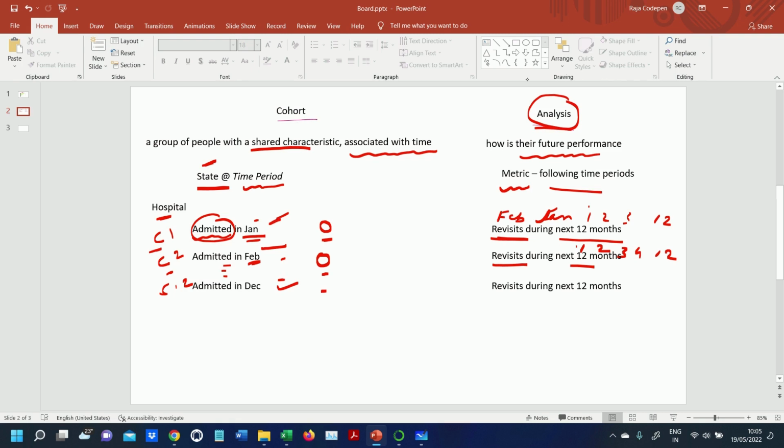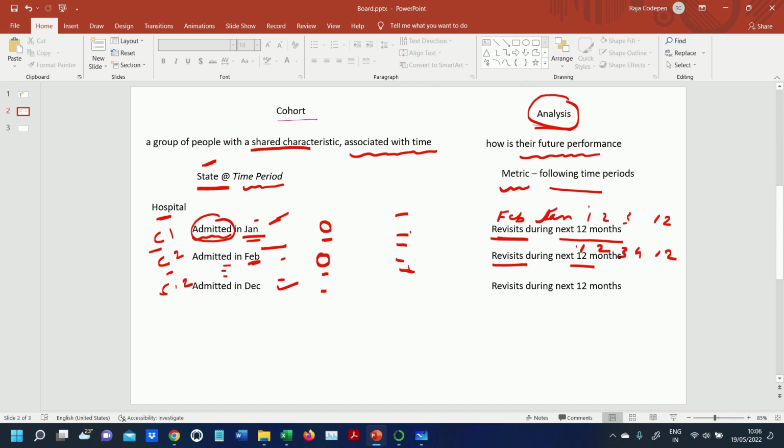For a different analysis, you can change the state, and then that becomes a different cohort analysis. For a specific type of cohort that you have selected, you can have any number of measurements. Not only revisits, it could be how much time they are spending, how much money they are spending, or how many referrals they have provided to your business.